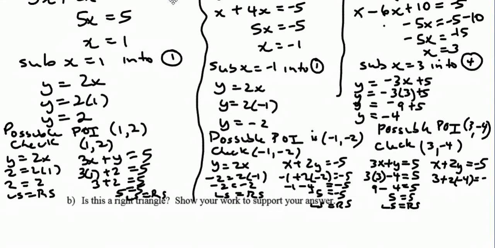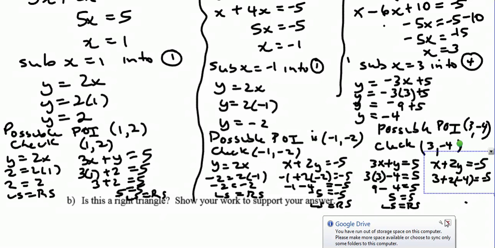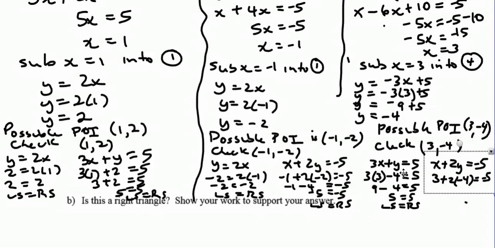So that's equal to negative, oops. What's going on? Going haywire here. Okay. So now I've got 3 minus 8 equals minus 5. Minus 5 equals minus 5. And left side equals right side.